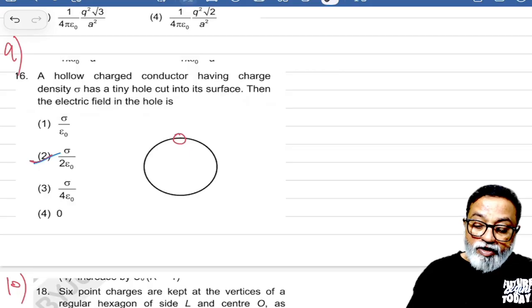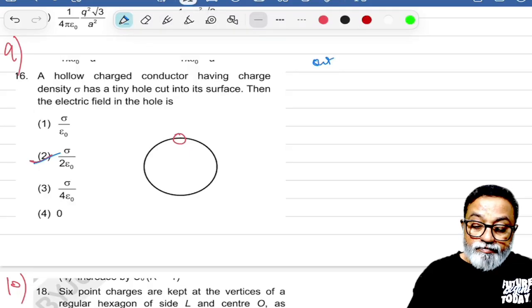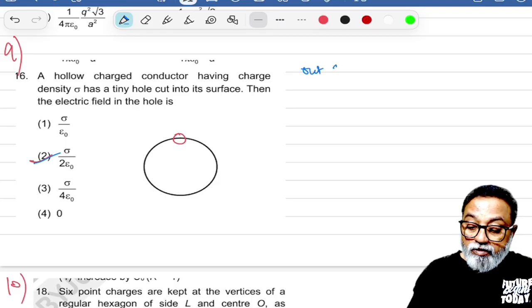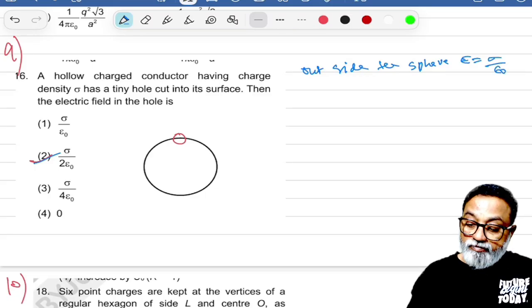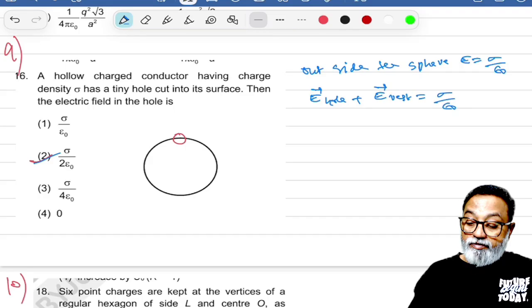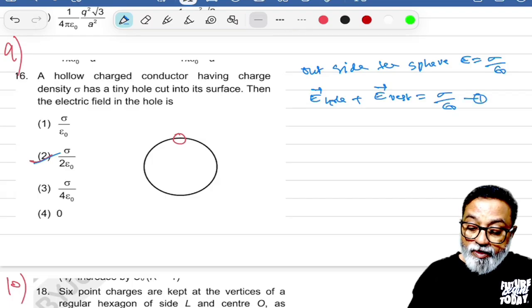See here, outside the sphere, intensity E is equal to sigma by epsilon naught. This is intensity due to hole plus intensity due to rest of the sphere is equal to sigma by epsilon naught. This is equation number 1.